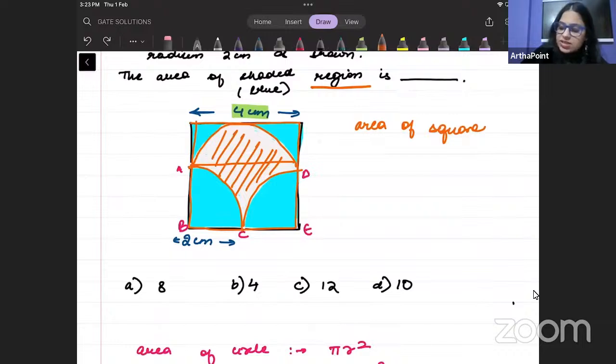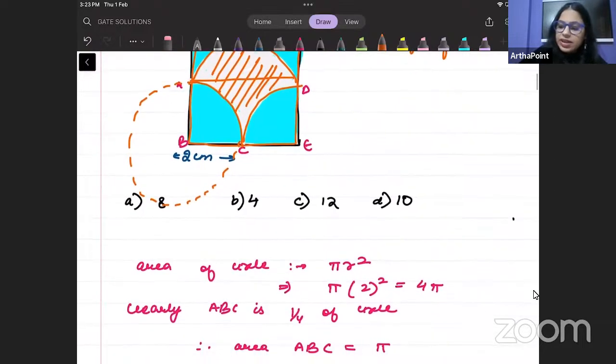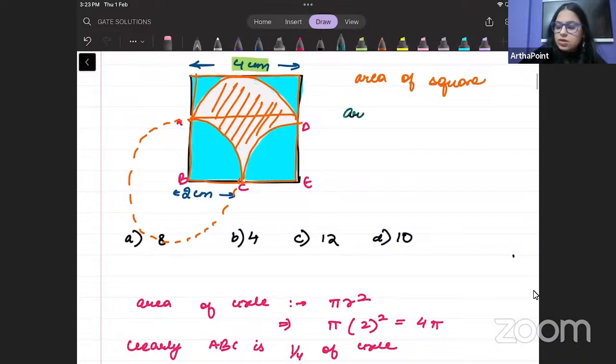The another way of solving this question can be, tell me something. If this is a circle, if I just extend this, can you tell me what will be the area of the circle, beta? The area of the circle will be pi r square. Can you think about what is going to be the radius? Clearly, I can see that the radius is this. It is 2 centimeter.